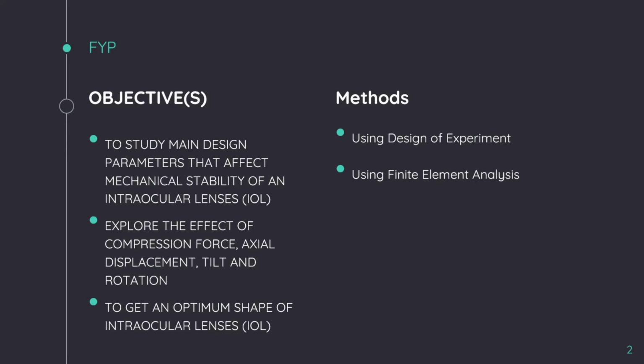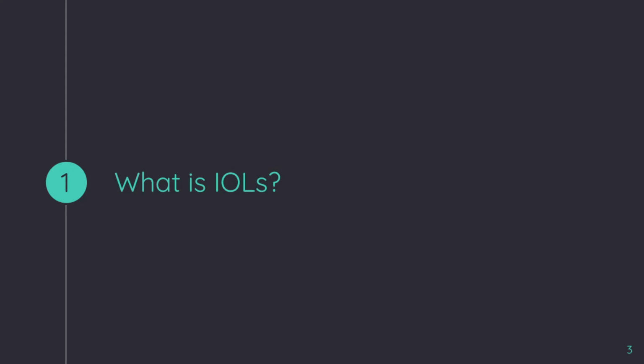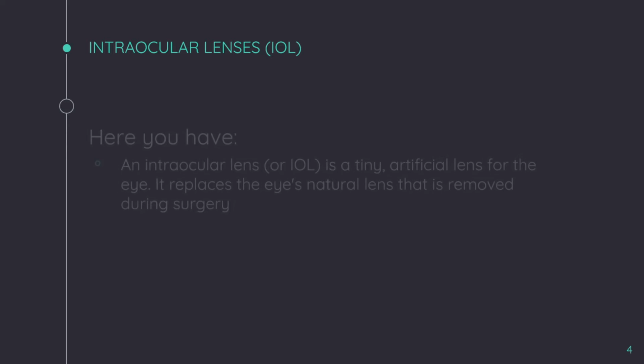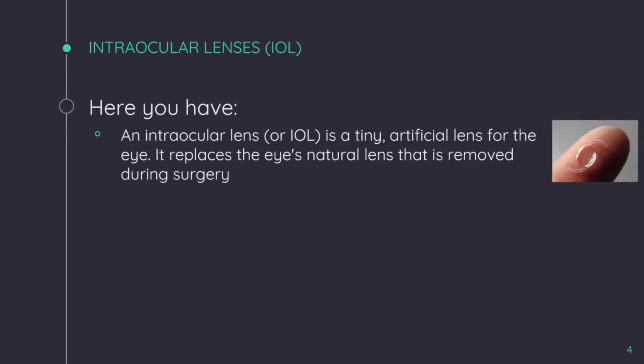But first, let's take a look at what an IOL is. Basically, IOL is an intraocular lens. It is a small artificial lens that is implanted in the eye. It replaces the natural lens of the eye, which is removed during surgery. The question is, when will we use the IOL?